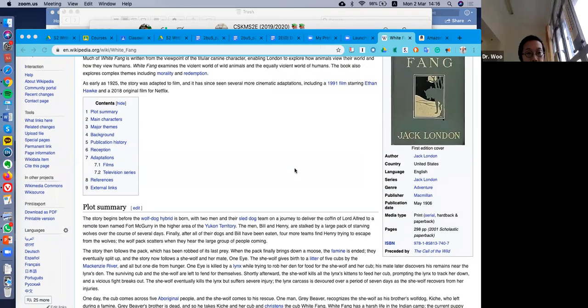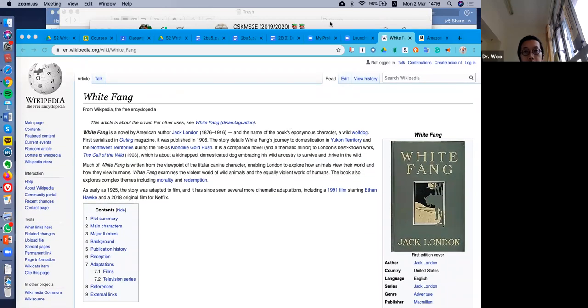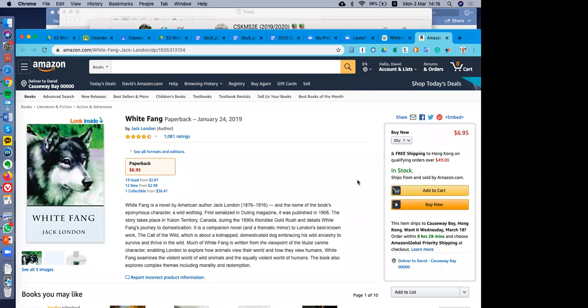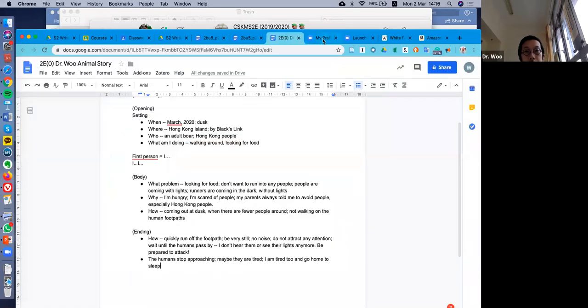It's a great book. White Fang and The Call of the Wild are kind of similar perhaps to your story as well. They're definitely worth reading, I think. Okay, great. So let's continue.